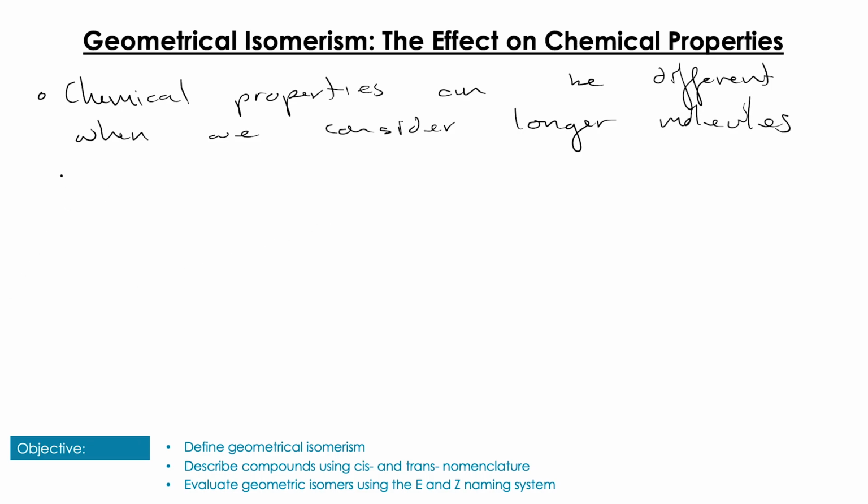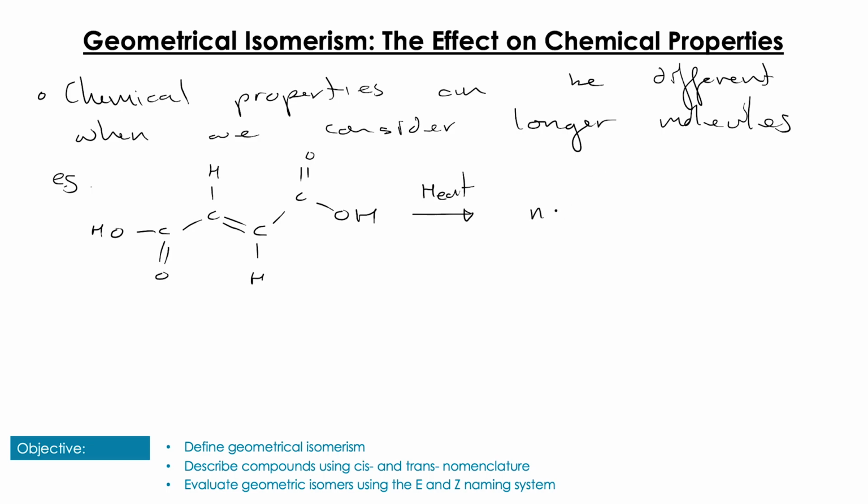If we take a look at the same molecule here in the different E and Z configurations, we have a carboxylic acid group at one end of the molecule, and at the other end of the molecule, we have another carboxylic acid. We have a dicarboxylic acid. Now, in the trans isomer, we get no reaction when we heat this.